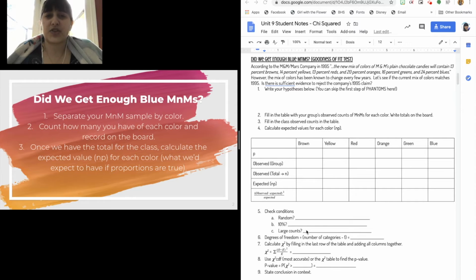So that's what this is used for. If you have the ability to do this experiment with M&Ms at home, you can. I'm going to be circling back to it a couple of times just to give you an example and show you a couple of equations and stuff.